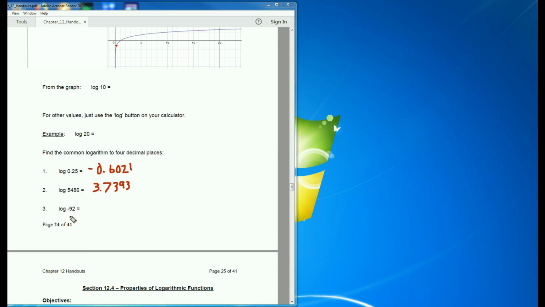And if you tried to do log of negative 92 on your calculator, basically it does not exist. You probably got some kind of an error, and the reason is you cannot take the logarithm of a negative number. It's not in the domain of the function. All right, I am going to stop there.